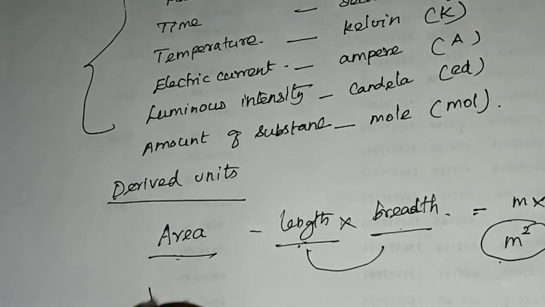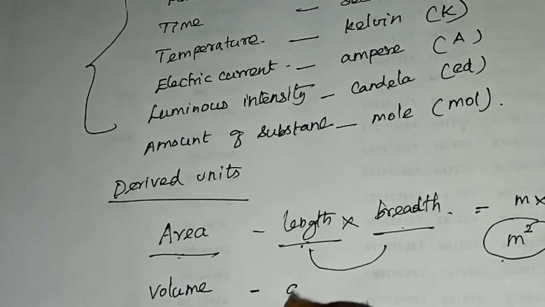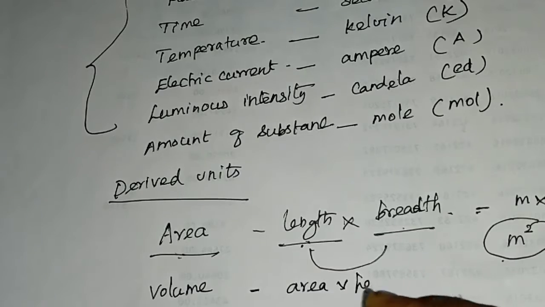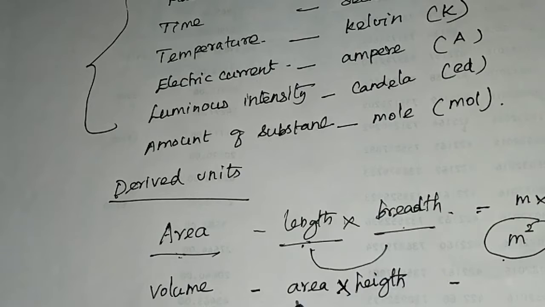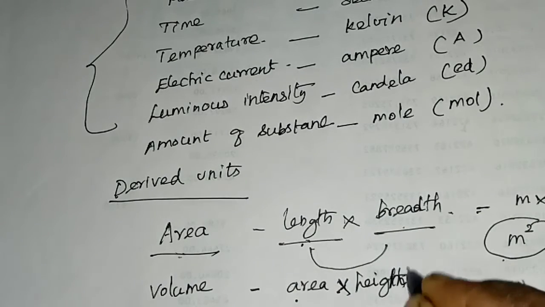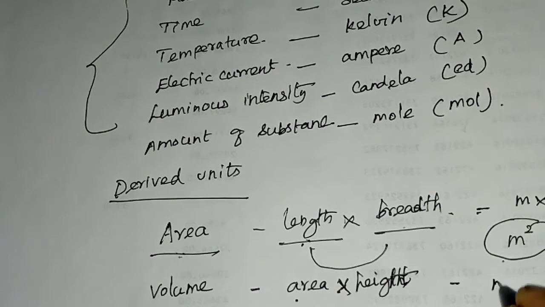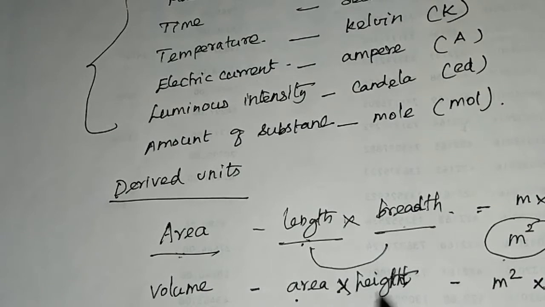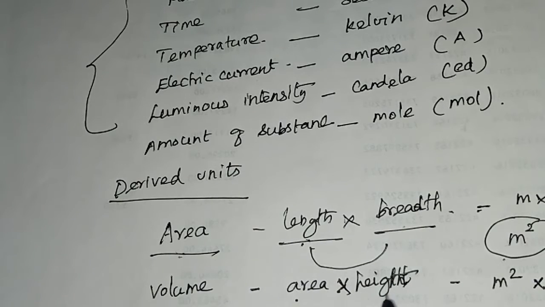Similarly, we have volume. What is the formula for volume? It is area into height. Area is meter squared, and height is a length, so its unit is meter.